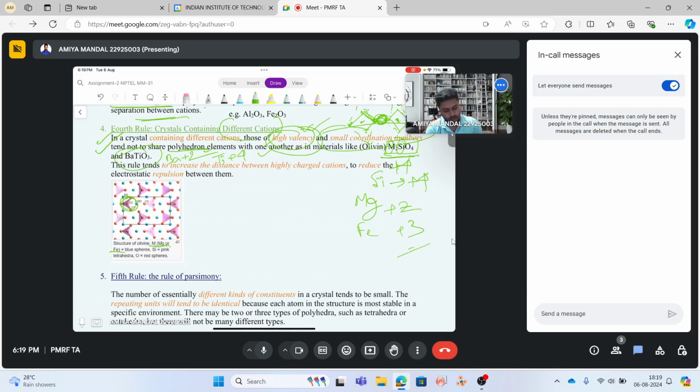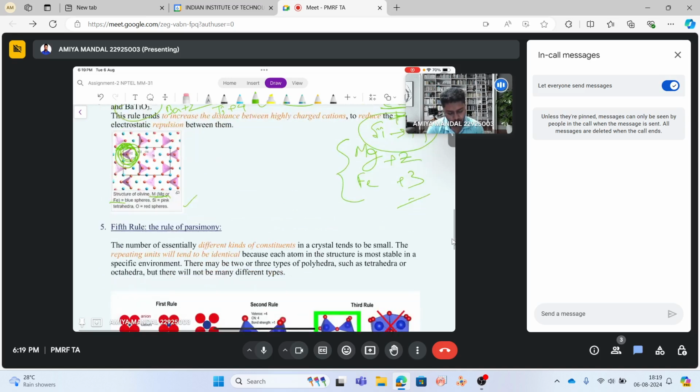In these cases, higher valencies will be preferred, and they do not tend to share their polyhedron elements with one another. So ultimately, this will be a stable element inside the material.